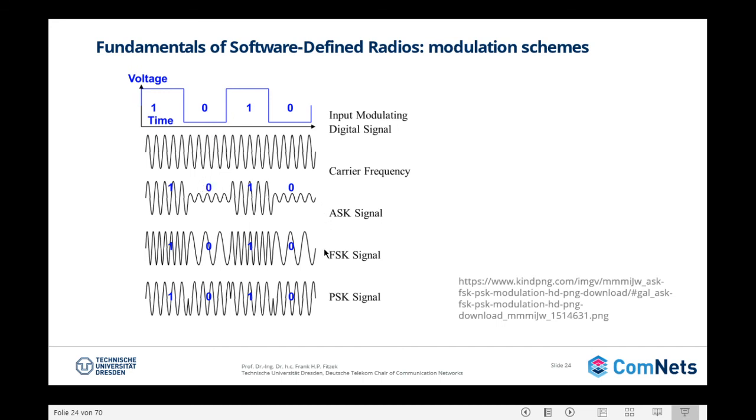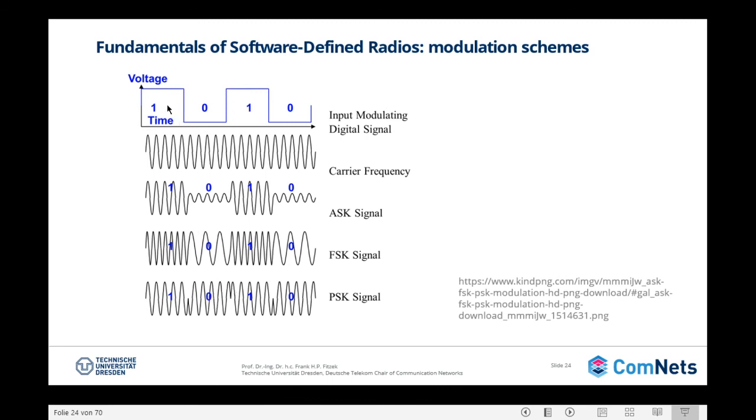It happens the same in frequency. In frequency, the higher frequencies are going to be represented as the 1 and the lower frequencies are going to be represented as zeros. And finally, the changes in phase are going to be represented. The 1 is going to have one phase and the 0 is going to be represented as another phase.